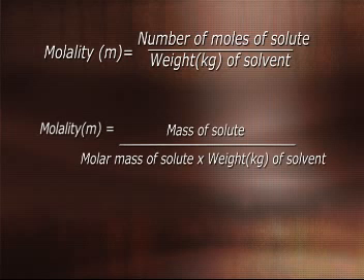In the second equation, molality is equal to the mass of solute divided by the molar mass of the solute times the weight of the solvent in kilograms. Either of these methods can be used depending on the information you are given.